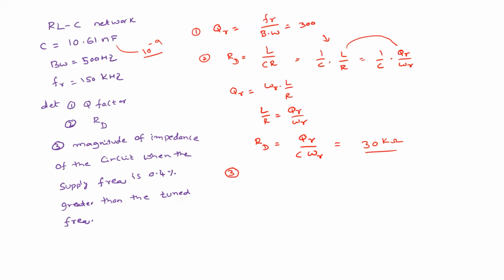So now what is the formula of Z by ZR? 1 plus J2Q delta. Sir, I by IR is 1 upon 1 plus J2 delta Q. We derived that day.